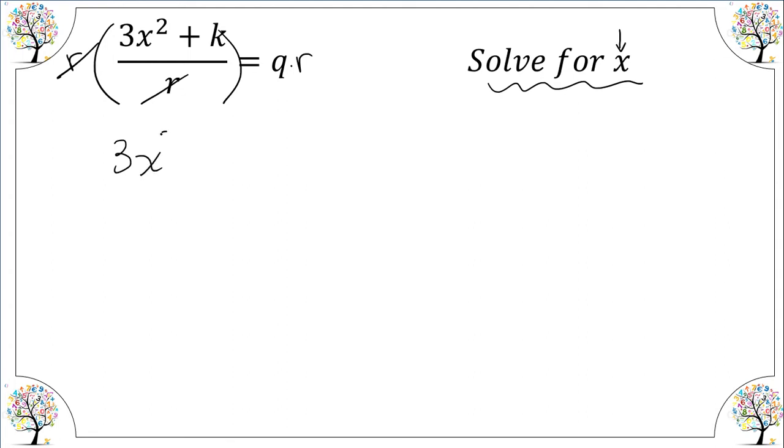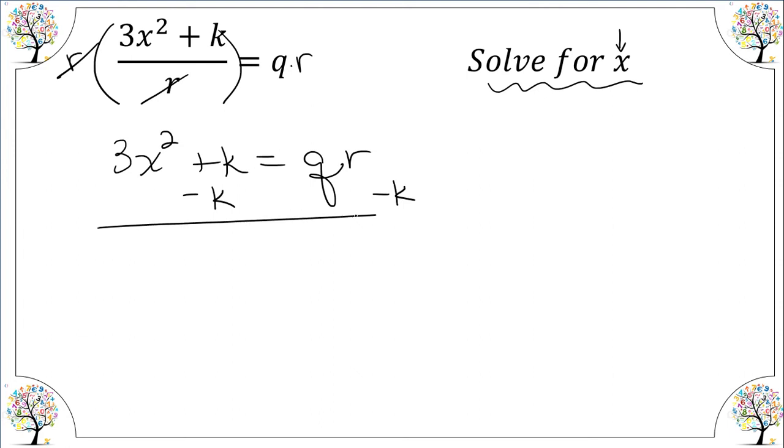And now we have 3x squared plus k is equal to qr. Again, we're solving for x. We're going to subtract k. Remember that the q times r is already there, so it goes out in the front. So it's qr minus k. Now we're going to undo multiplication by dividing.